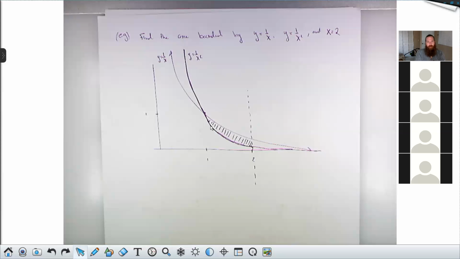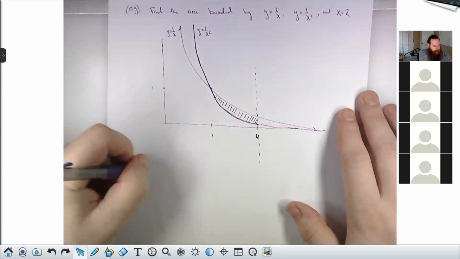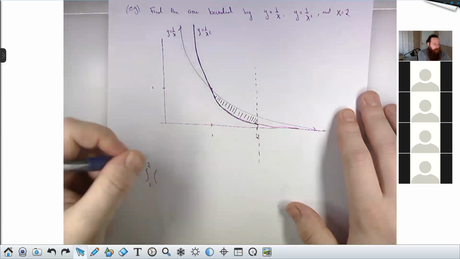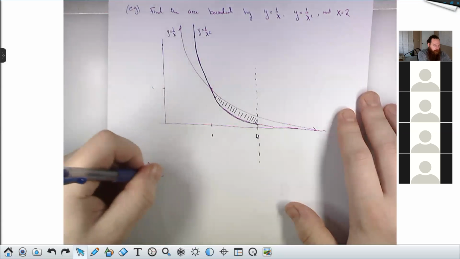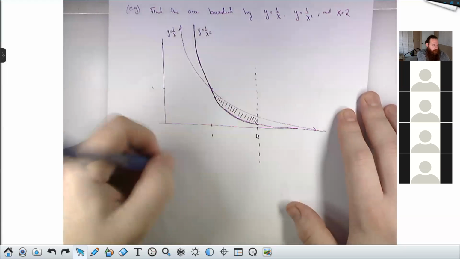And this guy, the dark guy, is 1 over x squared. Between 1 and 2, 1 over x squared is underneath 1 over x. So here, the area between these curves, this is going to be the integral from 1 to 2 of, who's my upper? My upper is 1 over x, minus my lower is 1 over x squared.